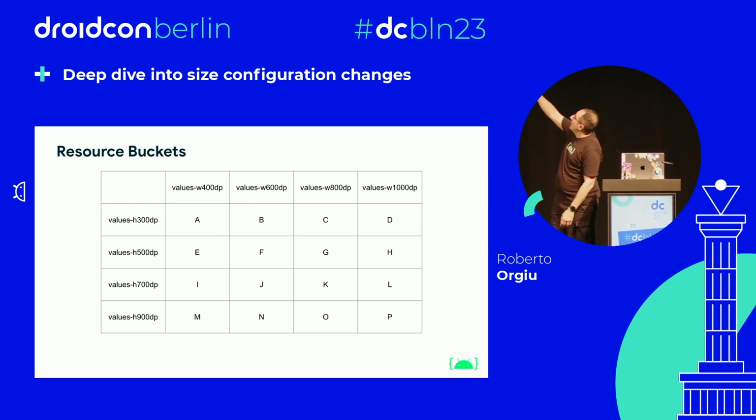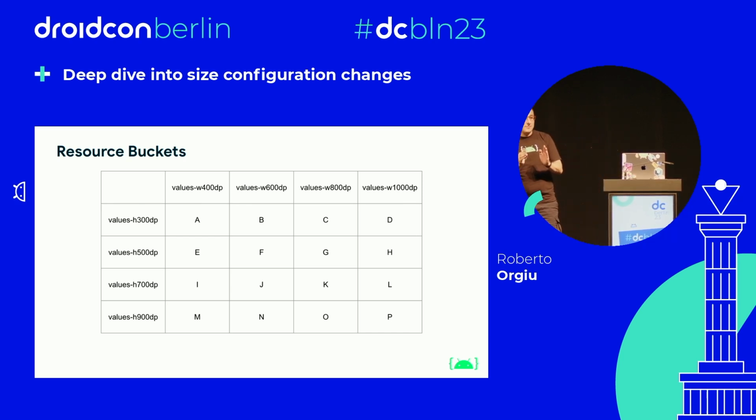We are, let's say, at the beginning of the range of the width 400. We start dragging, but we are still in the same bucket. All these configuration changes are still happening, but they're not significant. They will become significant as soon as we cross the border and we go to 600. OK? Clear? Perfect.